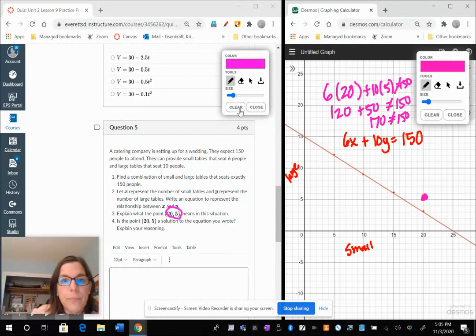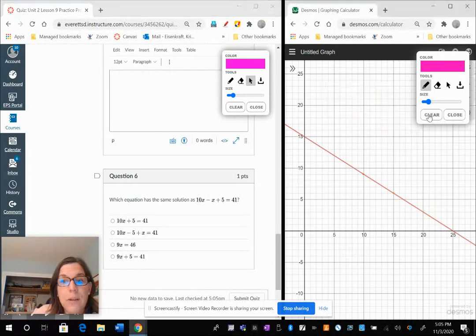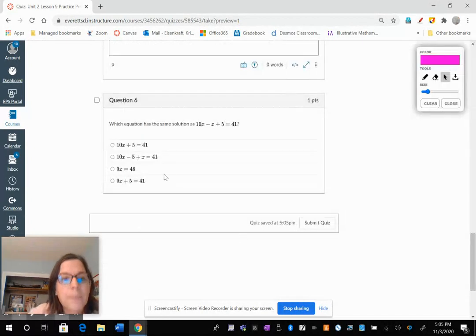Okay. Now, last one, I promise. Question 6, which equation, it's only one, has the same solution? So I'm not actually going to solve, I'm just going to inspect it here. I don't believe we need our calculator on this. Let's look at the original equation and then let's look at how they changed it.